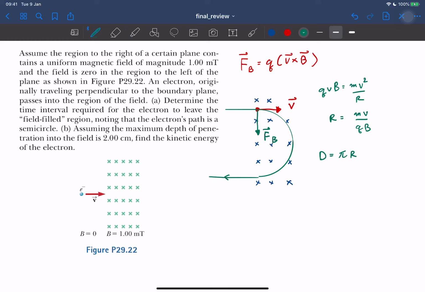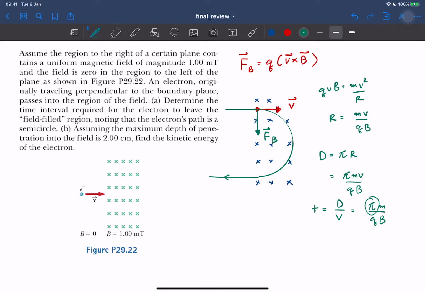Because it's just half of the circumference. So the distance is pi mv divided by qB. The time it takes is just distance divided by how fast it's moving. So it's just pi m divided by qB. Okay, so this is the time it takes to complete the half circle.